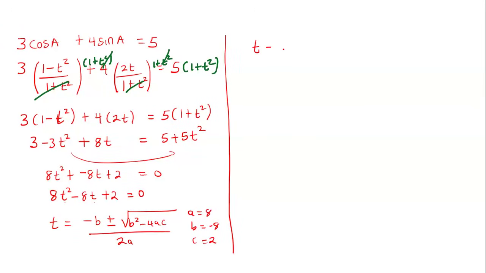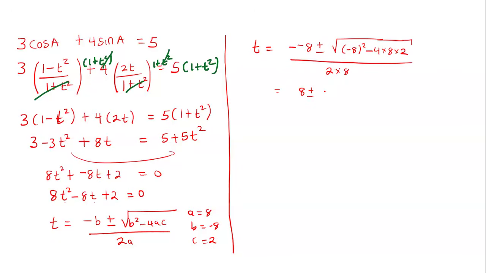So we shall come here and substitute and say our negative b is negative negative 8, plus or minus the square root of negative 8 squared minus 4 times 8 times 2, all over 2 times a, which is 8. So this will give us 8 plus or minus, when you check inside, you'll notice that that is 0, over 16.